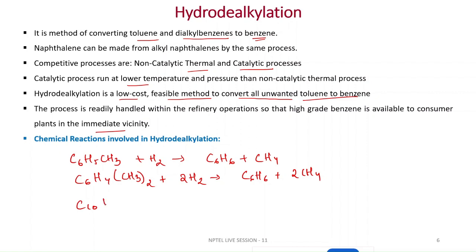Similarly, higher aromatic compounds can all react by this process with x number of hydrogen. So these reactions are involved in the hydrodealkylation process where mainly benzene we get as a product.